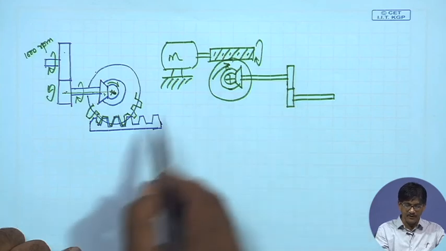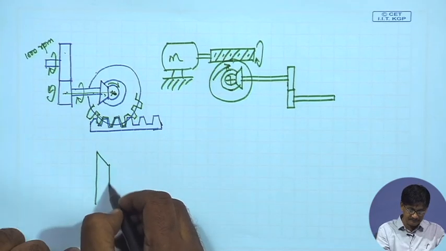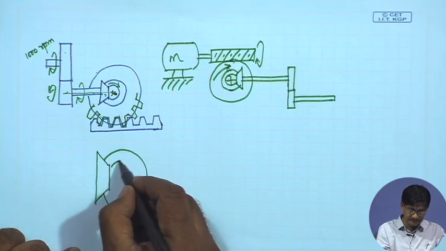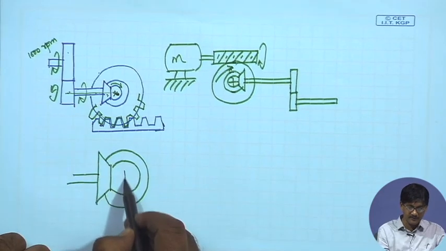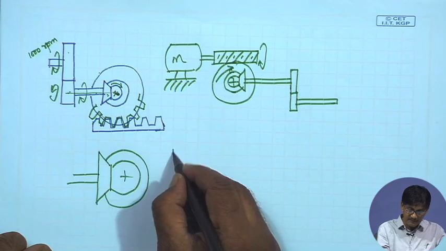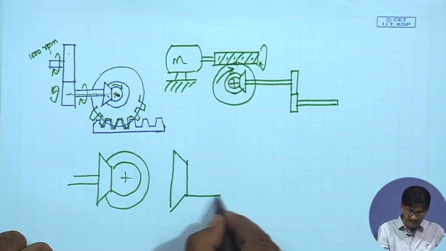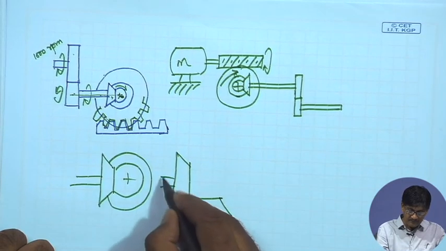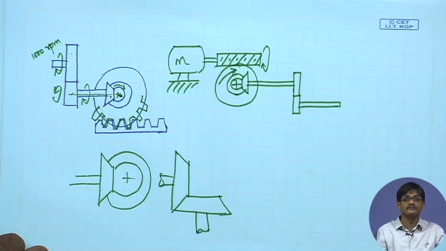So, as you can see, bevel gears can be drawn this way. Okay, one bevel gear, another bevel gear. They can be drawn this way. One bevel, another one.